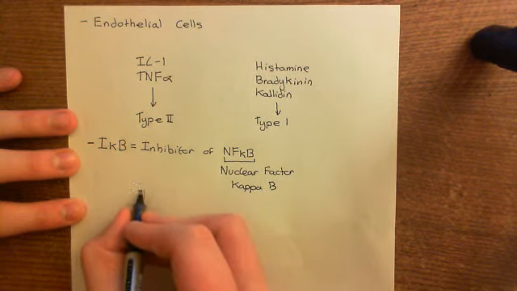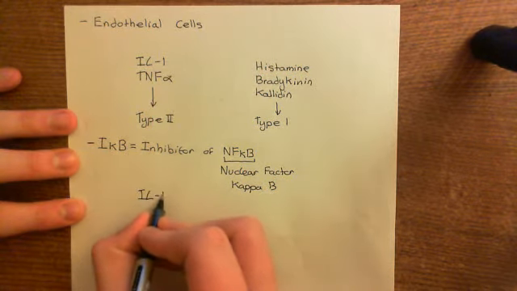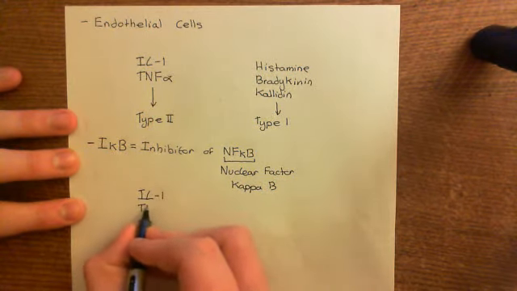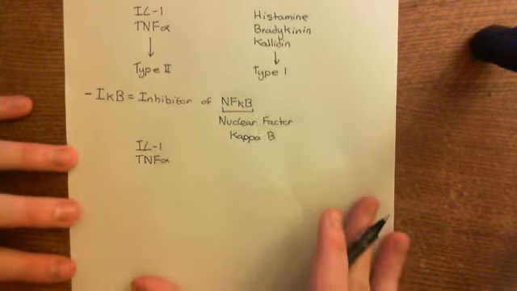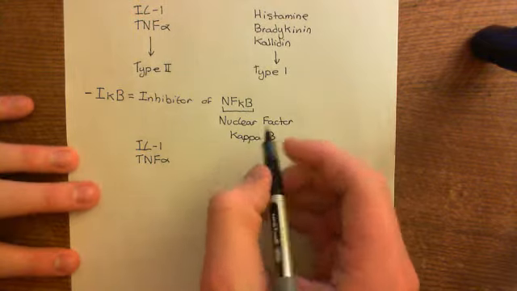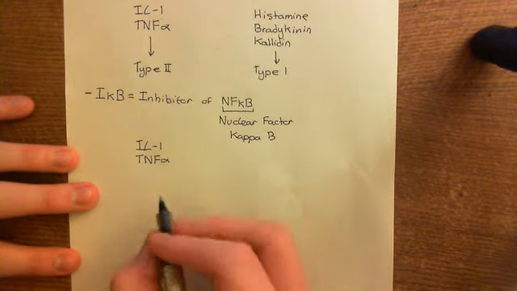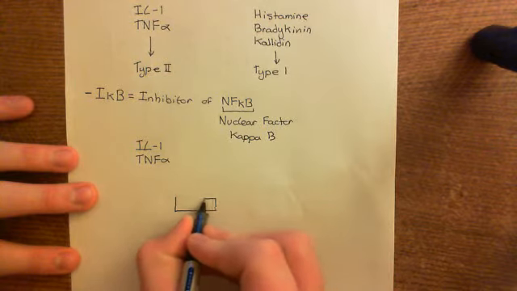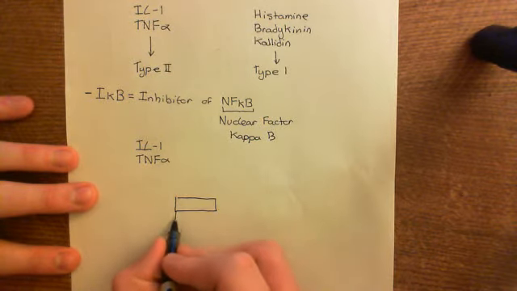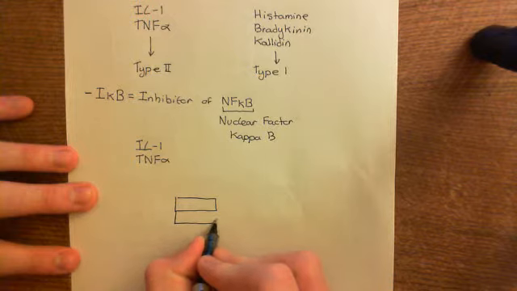Basically, interleukin-1 and TNF-alpha both cause type 2 activation within endothelial cells by activating the nuclear factor kappa B. Now, how do they activate it? Well, usually inside the cytoplasm of the endothelial cell, you would have NF kappa B bound to another protein.